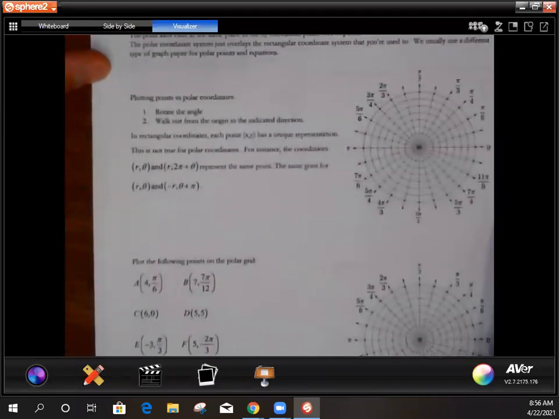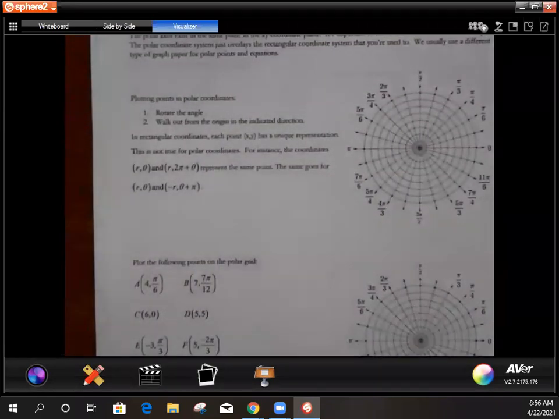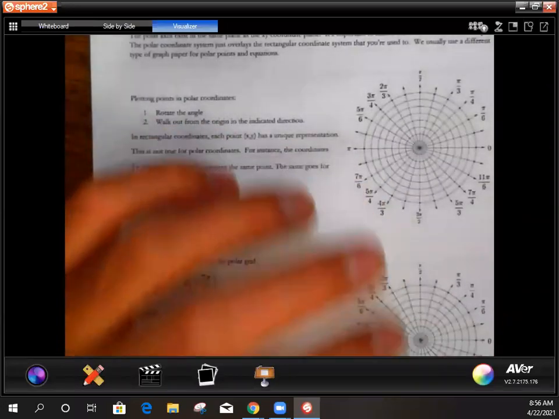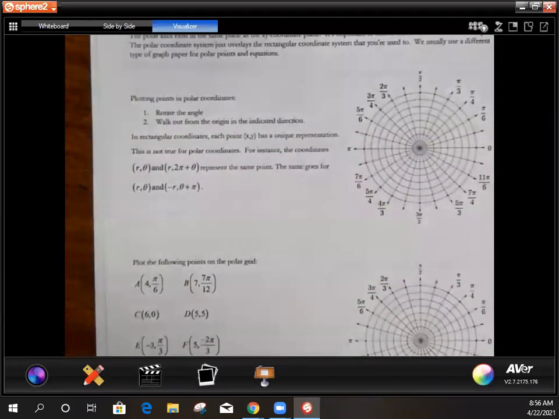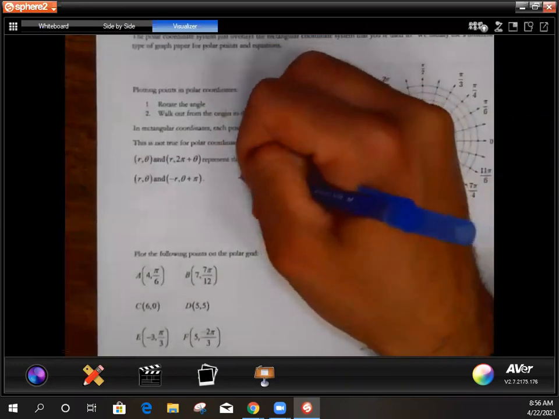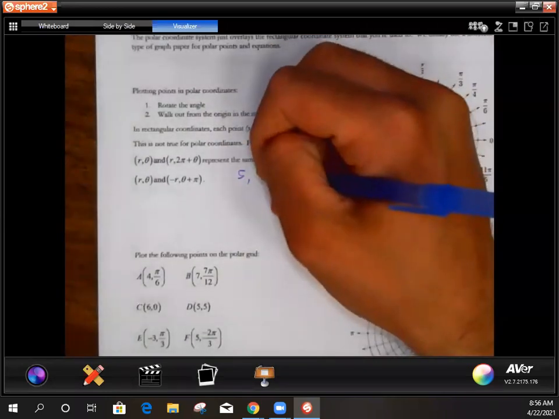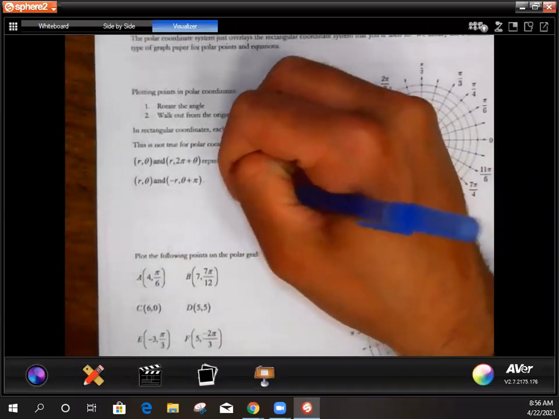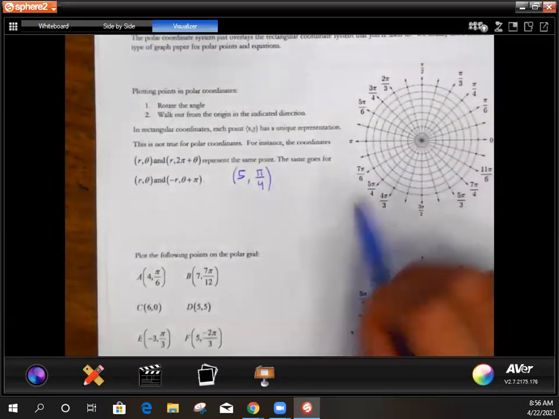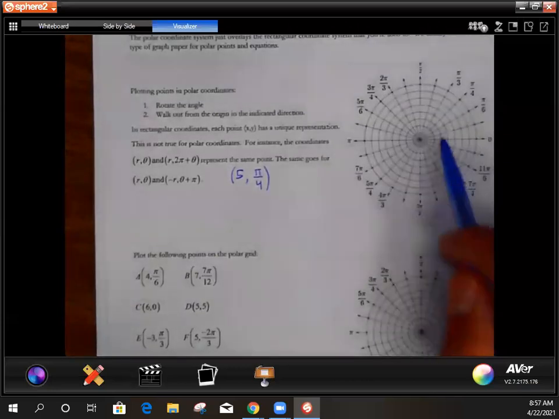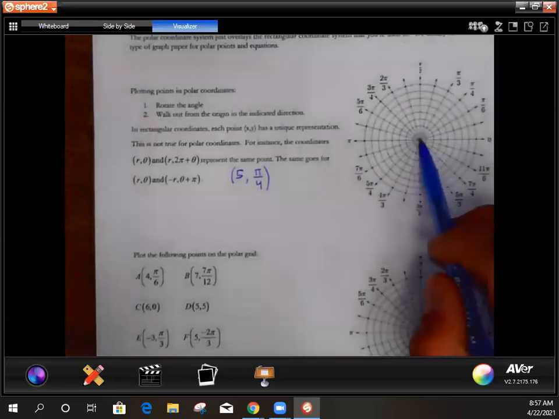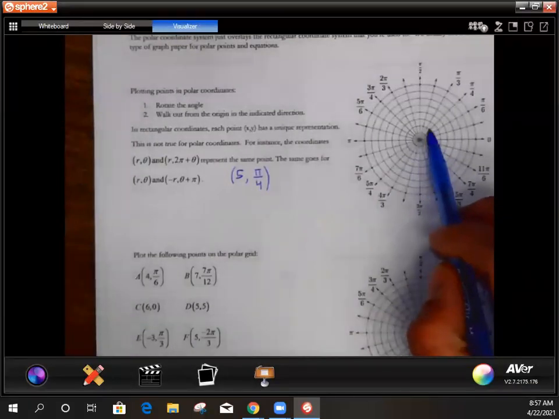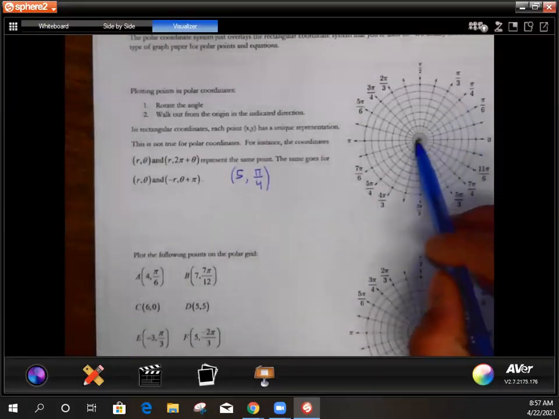So here's a specific example. Let's take the point 5, pi over 4. First, where would that be on the polar axes? You start here and you rotate pi over 4. Now we're along this line here.